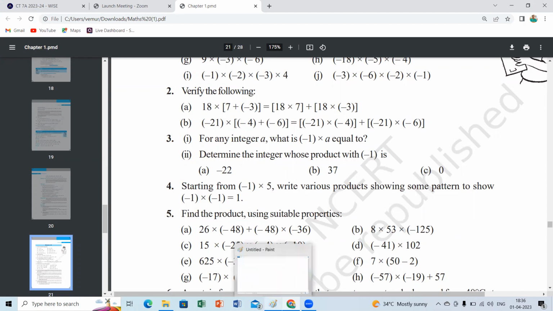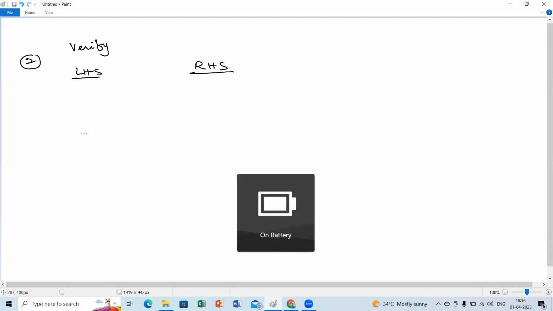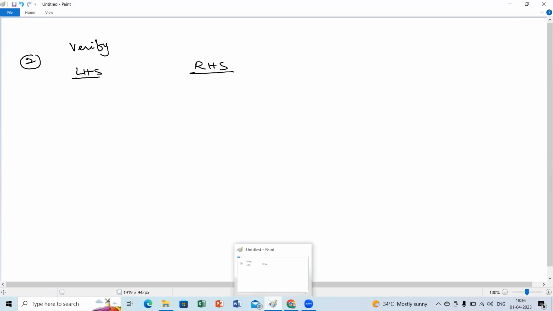Verification means we have LHS and RHS. Second bit, you need to verify true or false. LHS means left hand side, RHS means right hand side. So on the left hand side, what is mentioned?